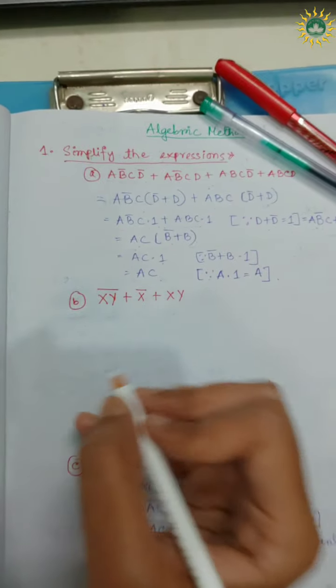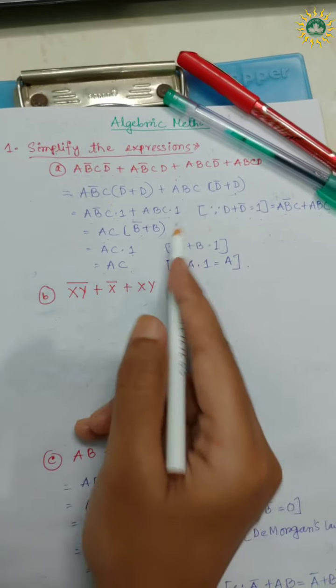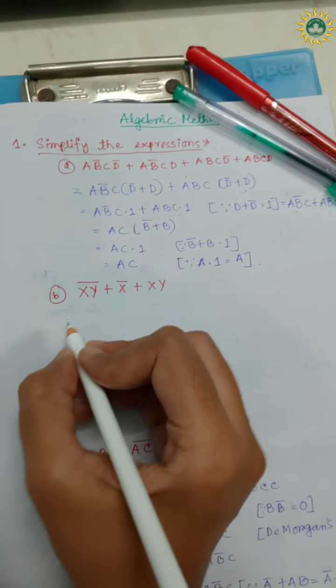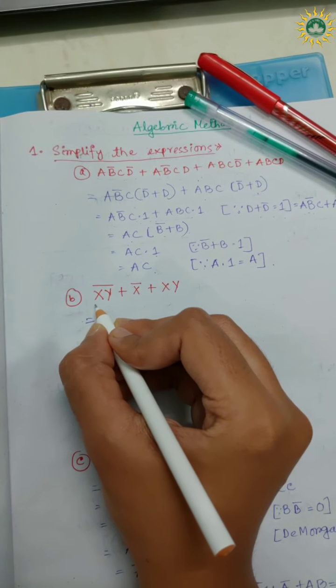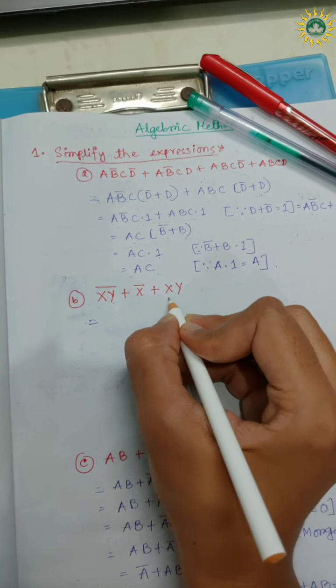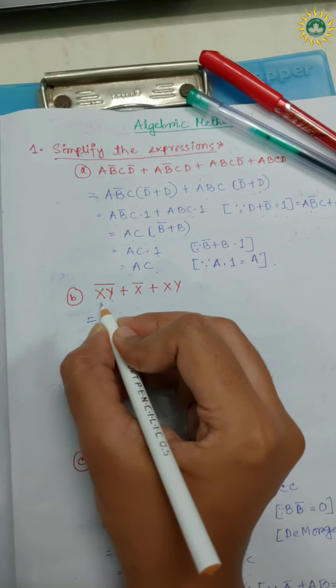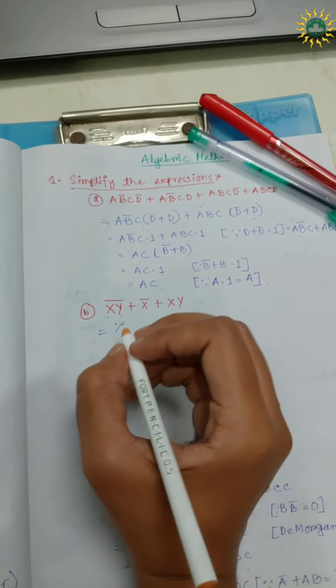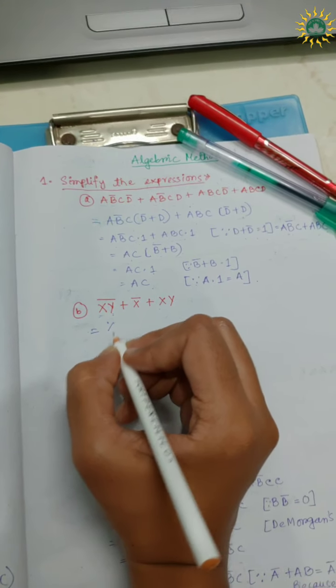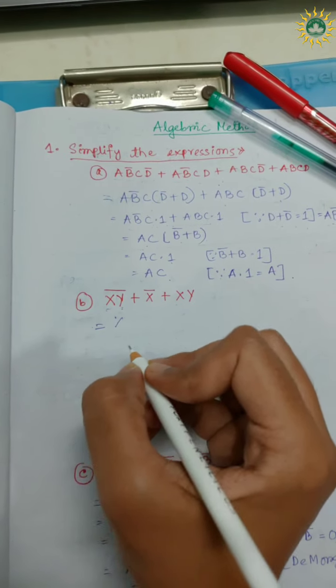Now we are going to do this. Have you understood this one? This is the easiest one. Okay. Now for this we have (xy) whole bar plus xy. We can break this using De Morgan's law, which is called De Morganization, right?